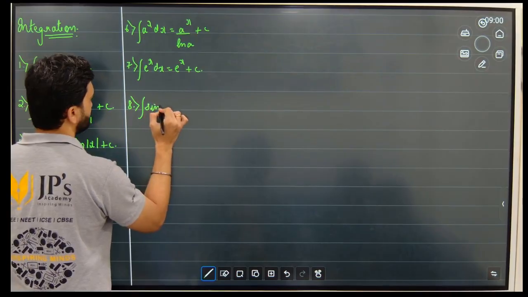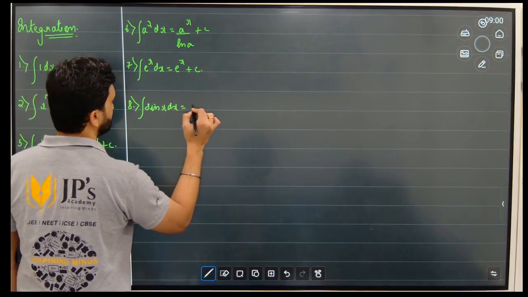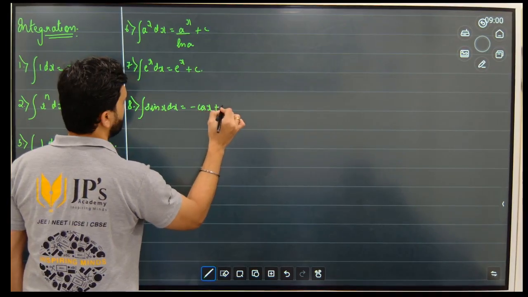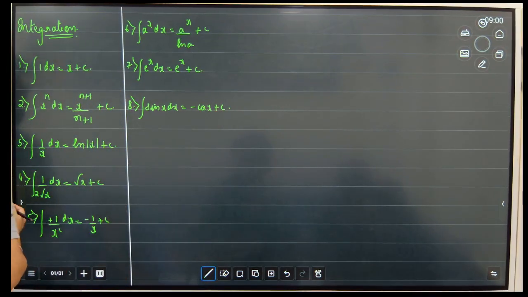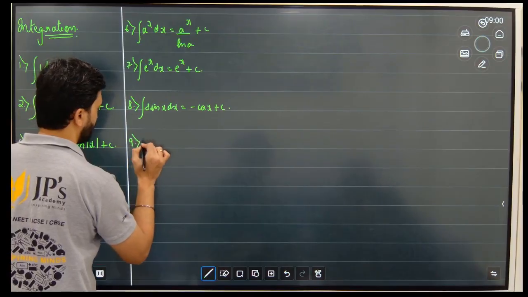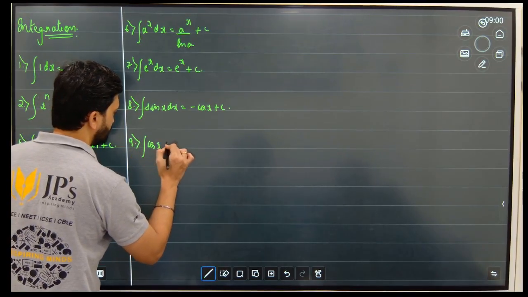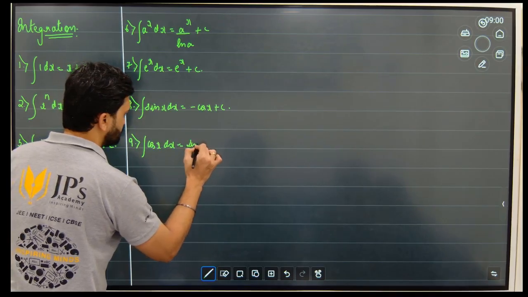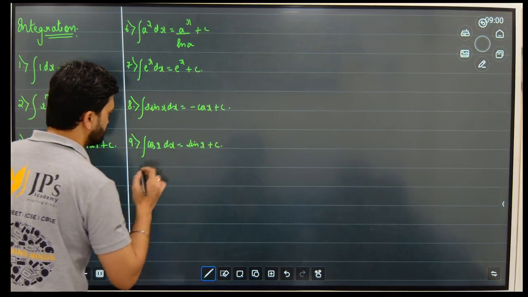Integration of sin x dx is equal to minus cos x plus c. Integration of cos x dx is equal to sin x plus c.